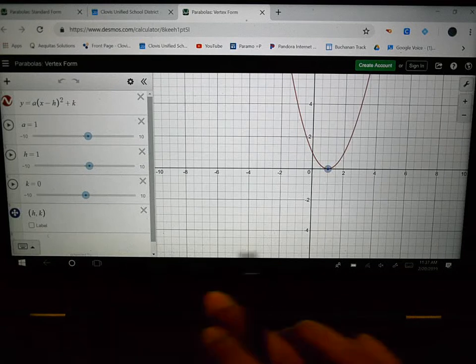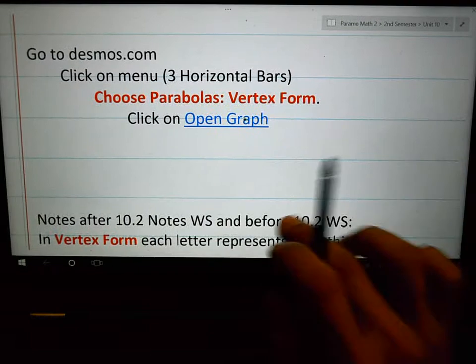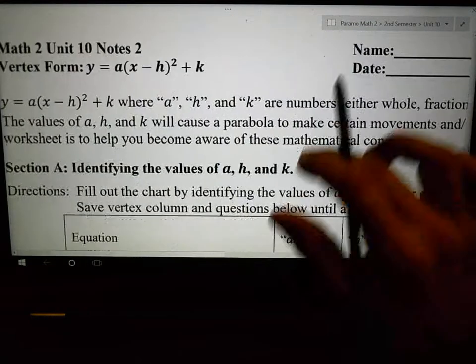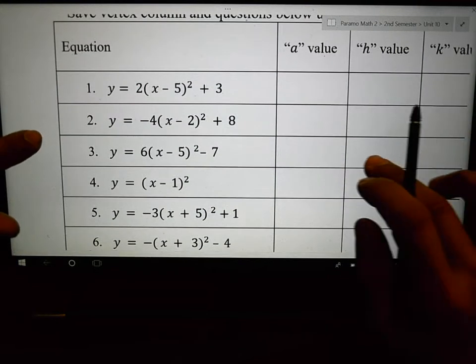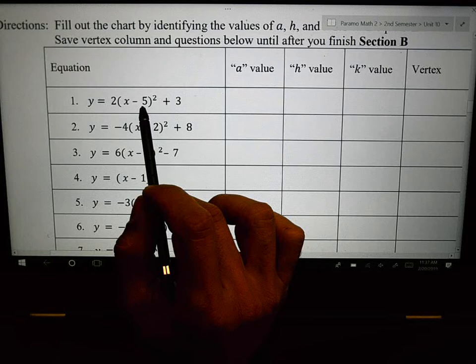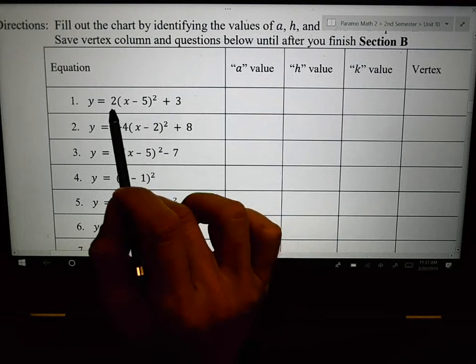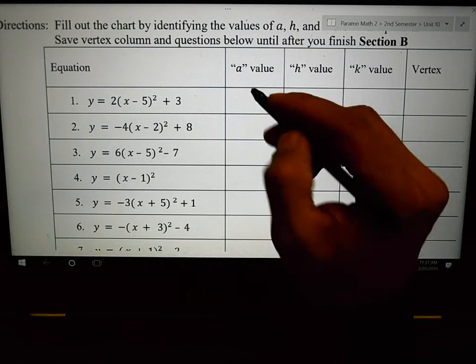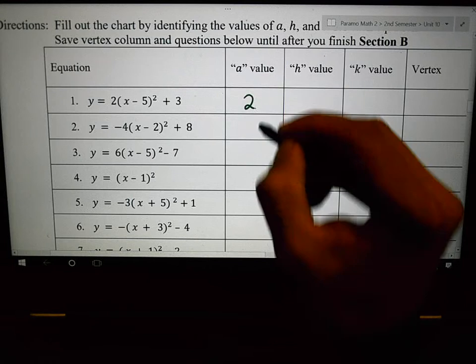So let me click over here, go back to this. If you are doing number 1, let's look at number 1. You have a 2, a minus 5, and a plus 3. I can make my A value 2.